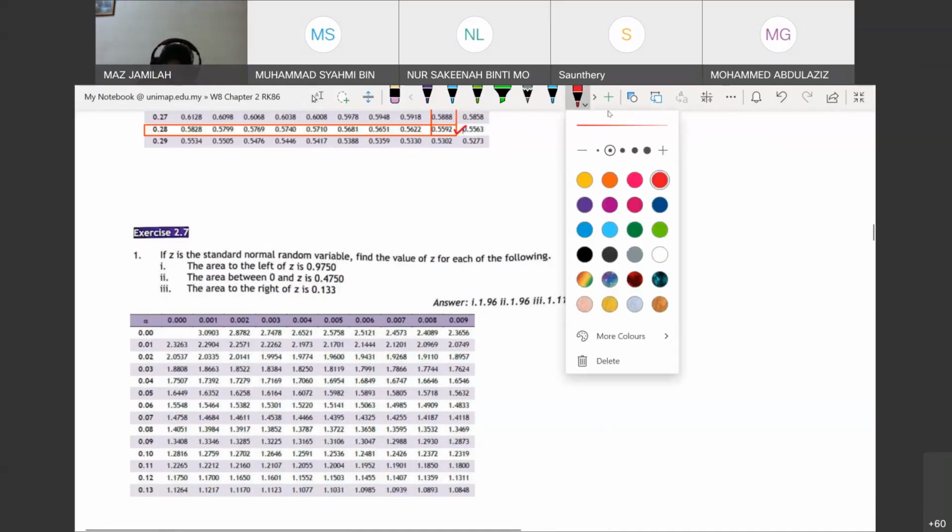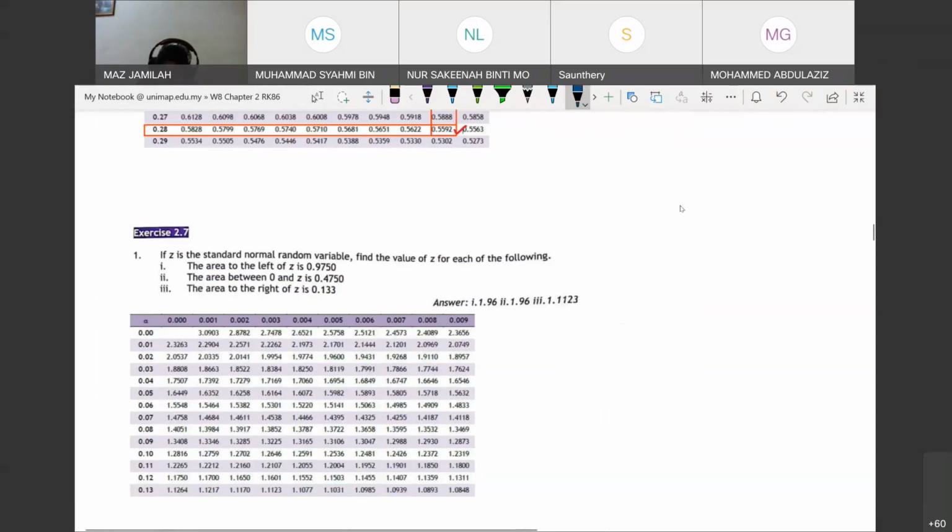So if you sketch the area under the curve, we know that z is equal to 0 in the middle. Now left of z, which z? If I choose z here, the probability value is less, so there is no way the z alpha we are talking about is here.